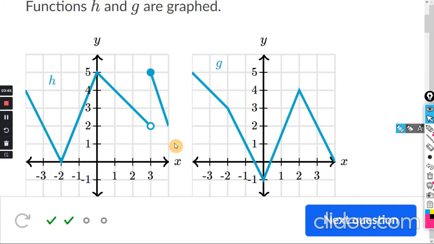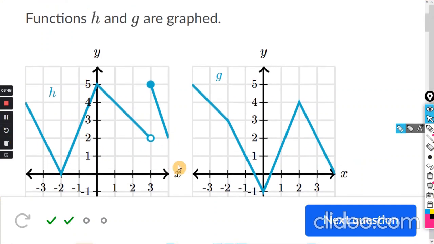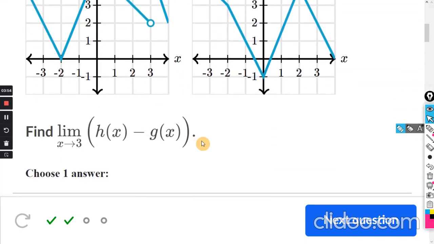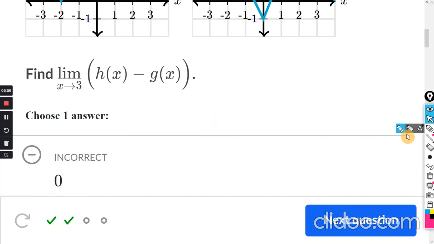All right, I actually made a mistake, even though I got this correct. If you end up with does not exist, you can try another method.